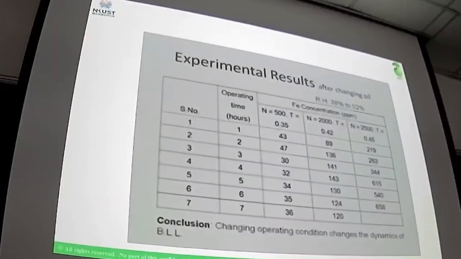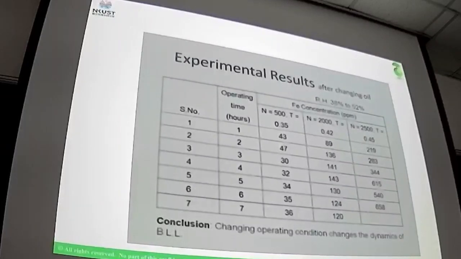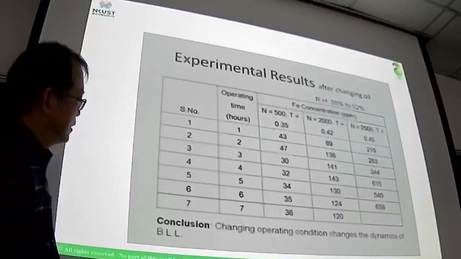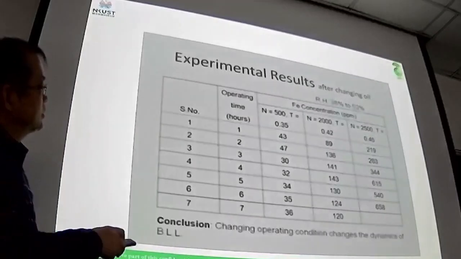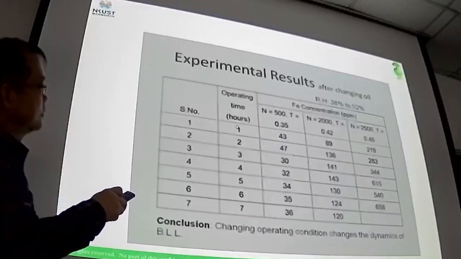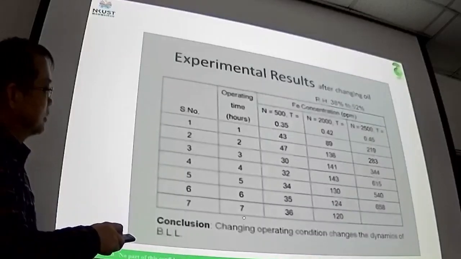So this is operational time. Maybe we have a fixed rotational speed. This is the duration for the testing: 1 hour, 2 hours, up to 7 hours.